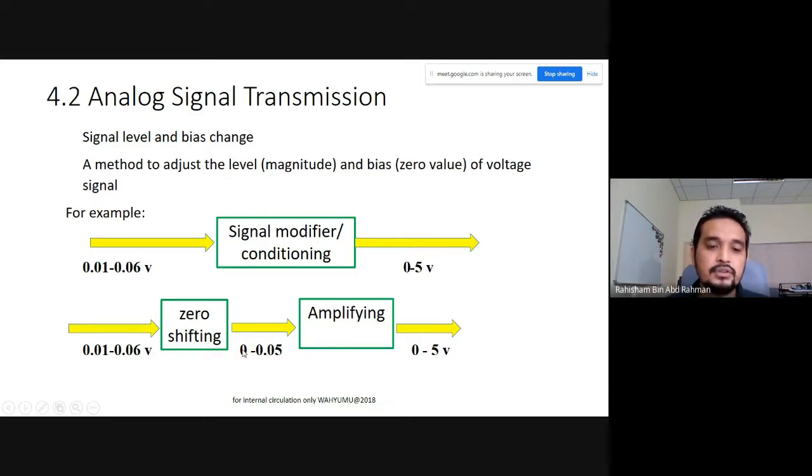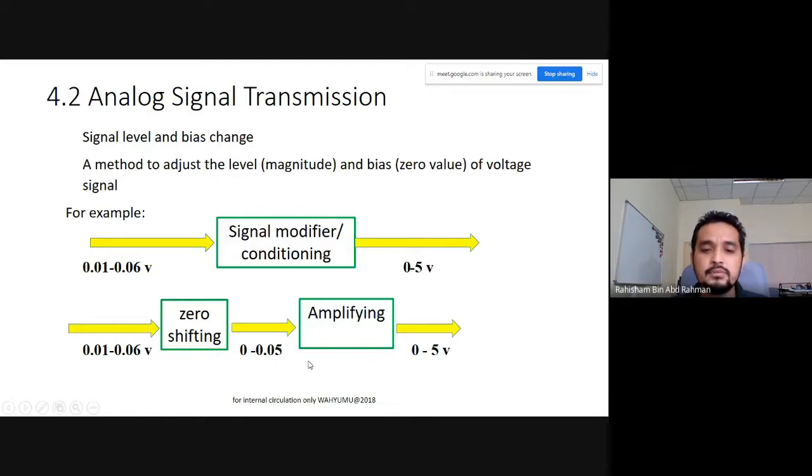Now it becomes zero, range to 0.05. That's good enough. However, it's not readable or useful in this case because the input parameter at this element is unable to read this value, as it is too low. It's less than 1 volt.